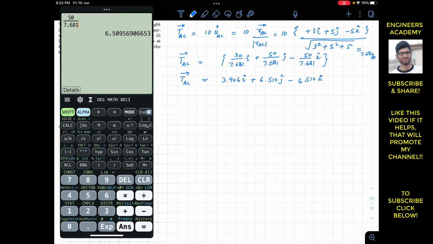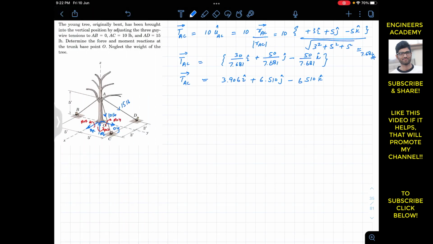So this is the Cartesian vector TAC for the tension in the AC cable.